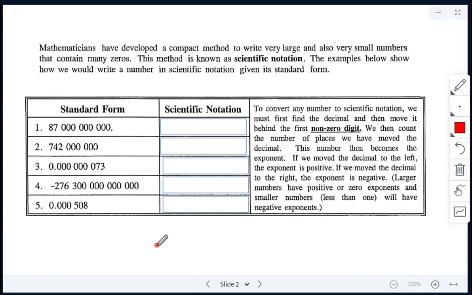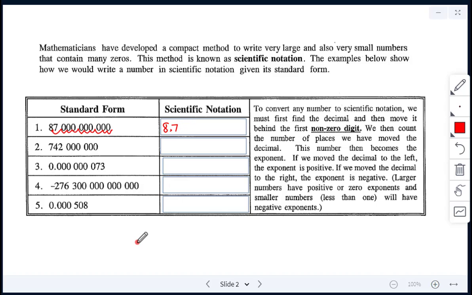What I usually say is we want a number between 1 and 10. So we're going to count the decimal places: 1, 2, 3, 4, 5, 6, 7, 8, 9, 10. Notice I've put the decimal place so it becomes 8.7.